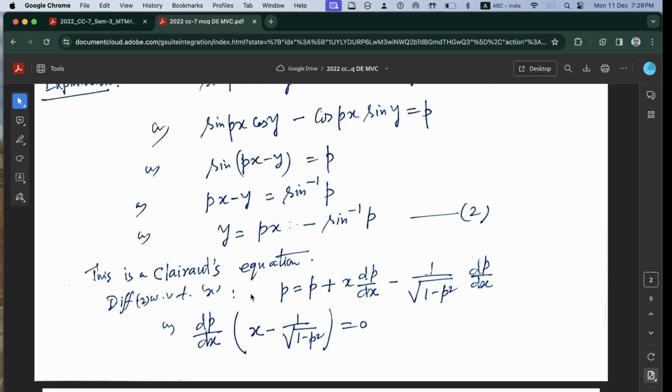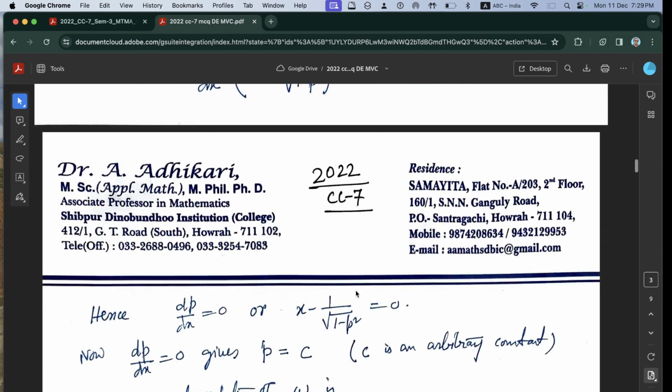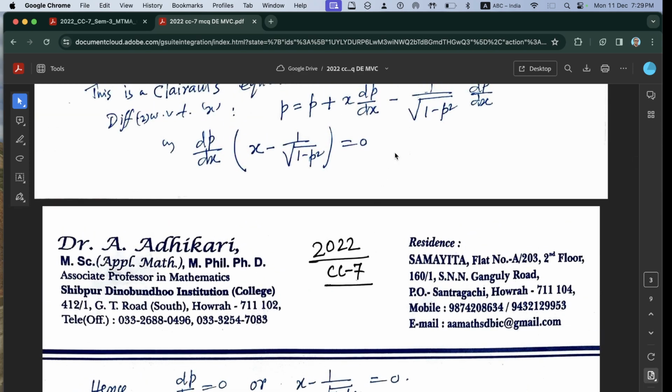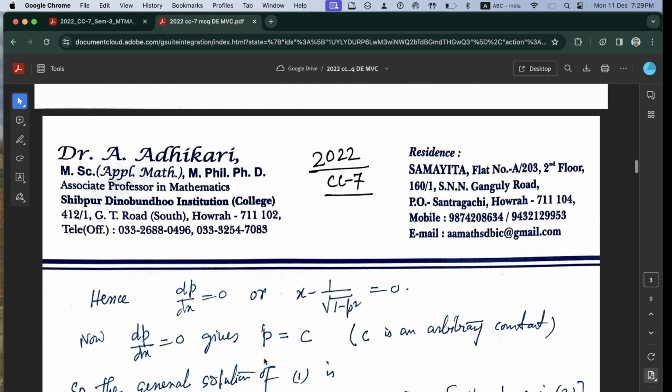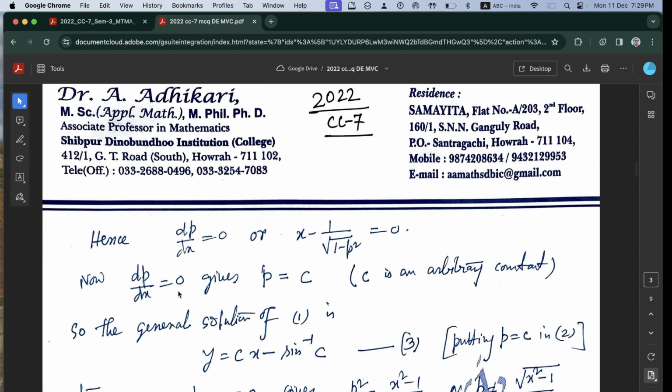Differentiating 2 with respect to x, p equal to p plus x dp/dx minus 1 by root over 1 minus p square dp/dx, or dp/dx into (x minus 1 by root over 1 minus p square) equal to 0. Hence, either dp/dx equal to 0 or x minus 1 by root over 1 minus p square equal to 0.